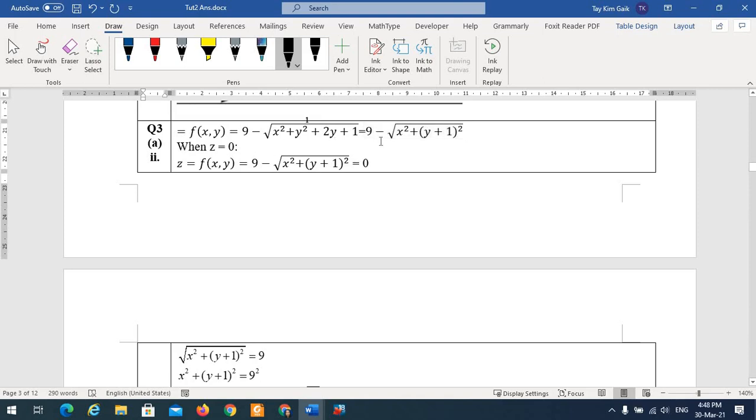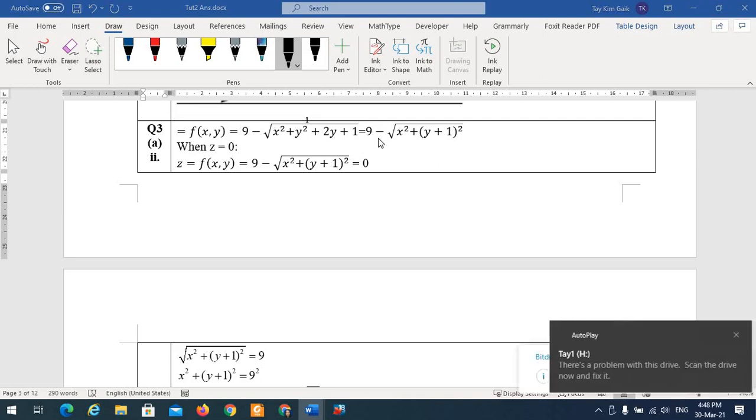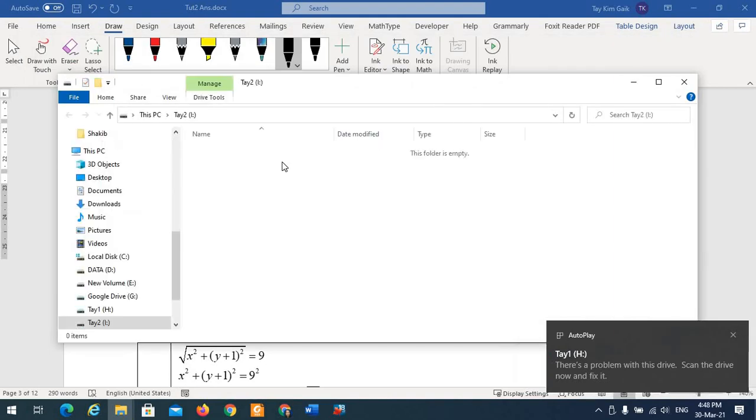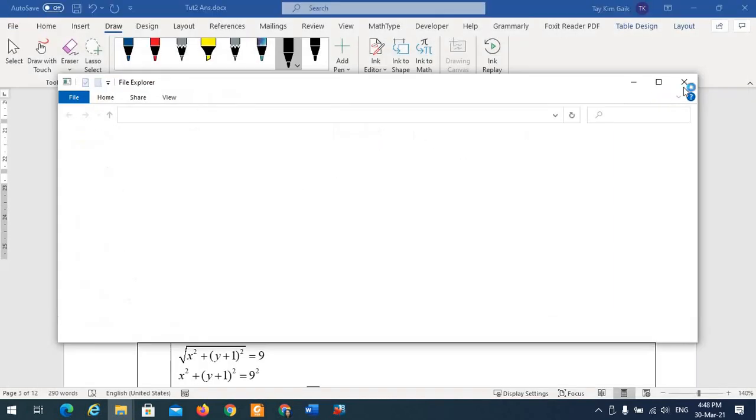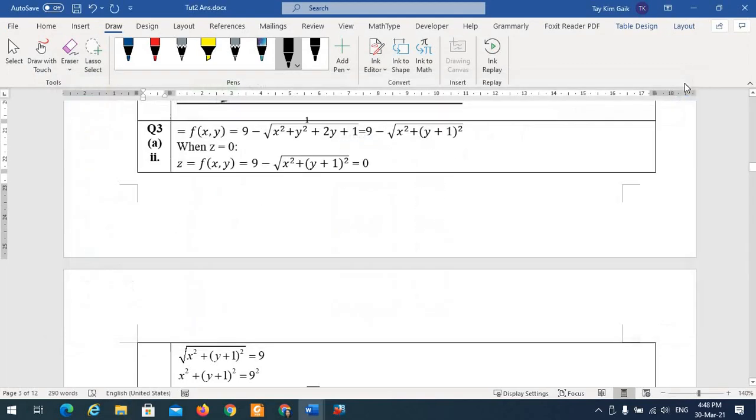Okay, and when z equal to 0, so you let 9 minus square root of x squared plus y plus 1 squared equal to 0.